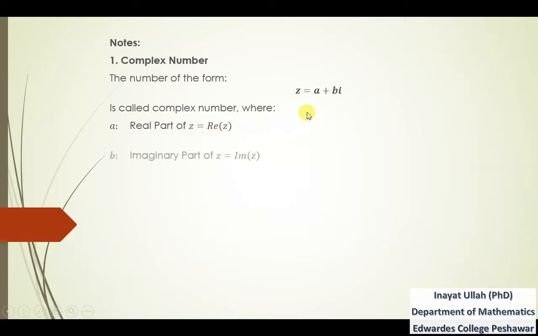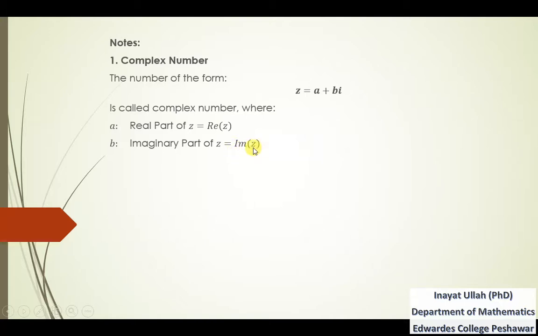and b along with iota is the imaginary part of this complex number z, and the imaginary part of z is denoted by Im of z.